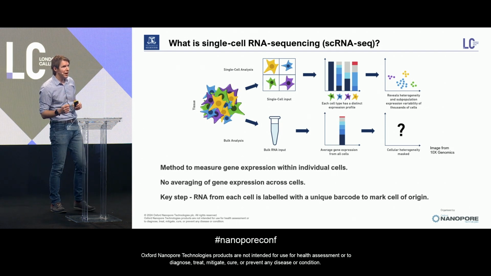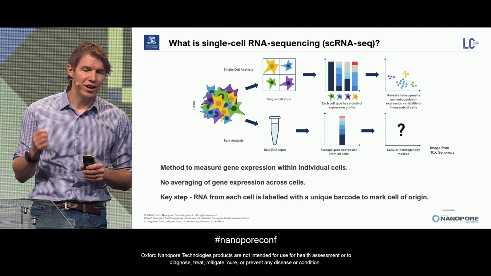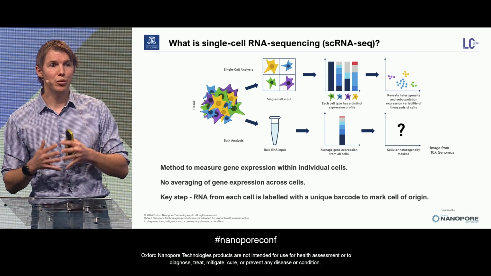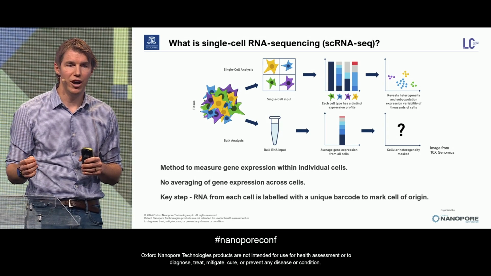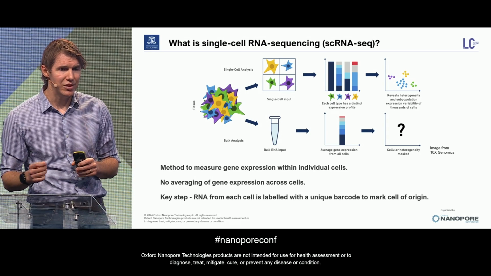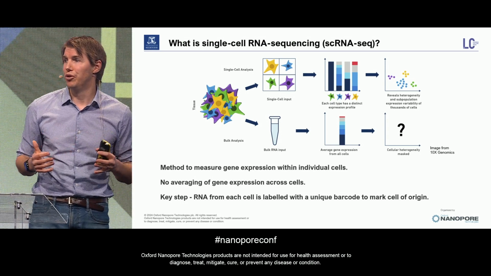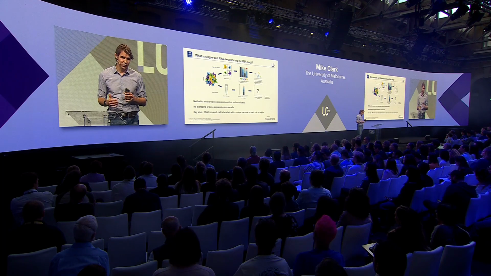The key part about single-cell sequencing is we're not doing that averaging anymore. We are taking our cells, we're isolating them, we separate them from each other, and then we get a gene expression profile from each one of those cells. And this allows you to see a lot more information that was otherwise hidden when you were only taking an average.